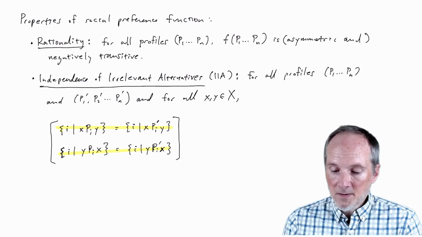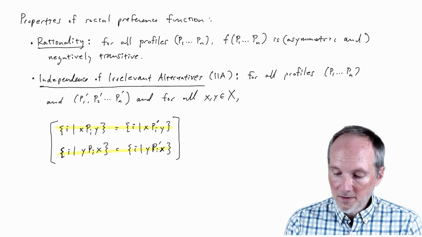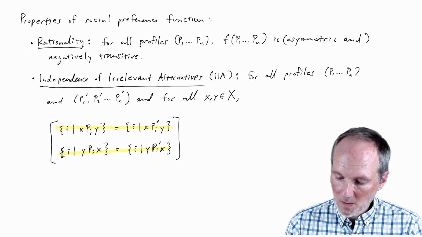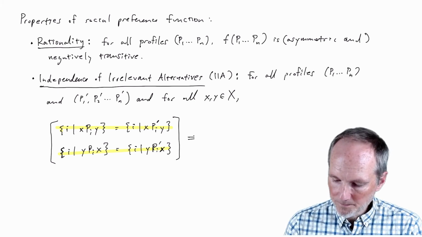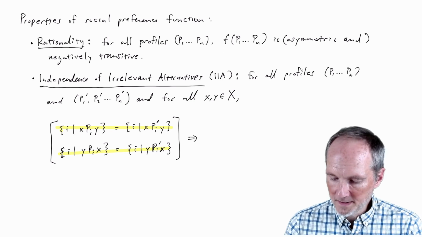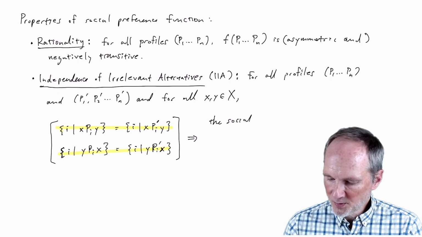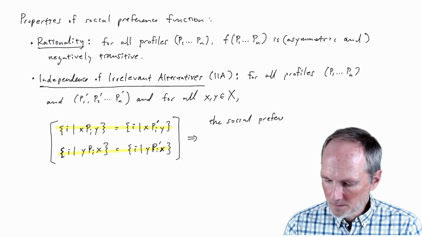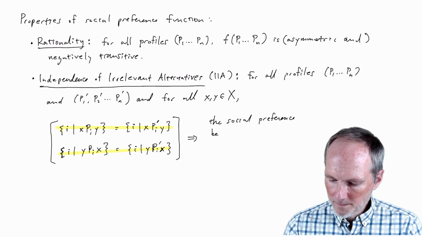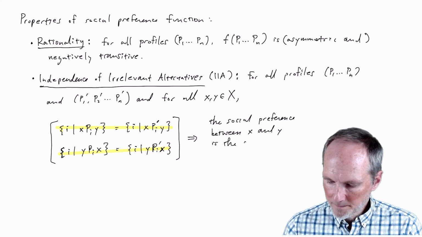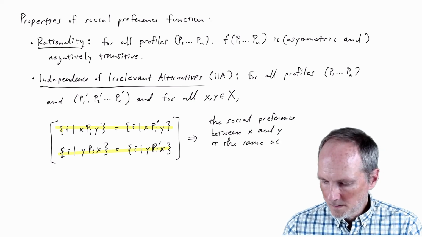So the outcome, that is the winner, between those two will have to be the same. Okay, so the way I'll write that is that I'll just say the social preference between x and y is the same across those two profiles.